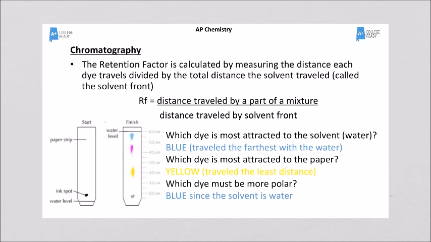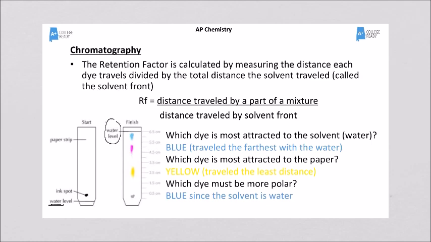So if you notice, water, in this case, is the solvent. This person put a dot of black ink at the bottom of the paper. The water soaked. This paper would be hanging maybe in a beaker or a test tube. The water traveled up the paper through the ink, and notice that the water went this high on the paper.